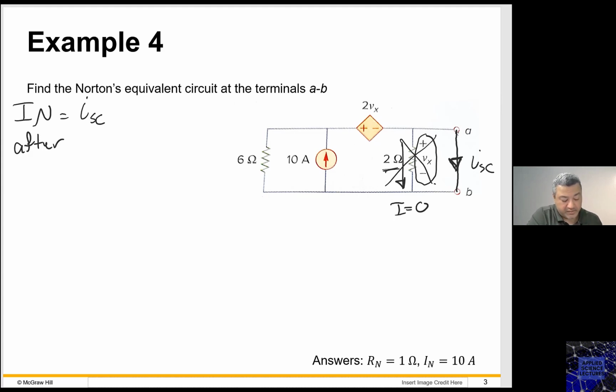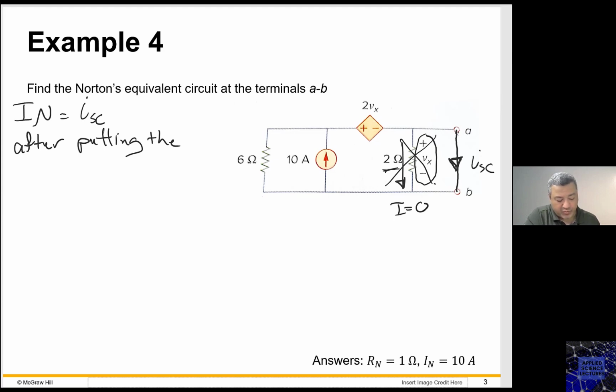Why is the current for the 2 ohm resistor 0? Because all the current is going to go through the wire. There will be no current going into any other resistor in parallel with a short circuit. And I'll show you why.